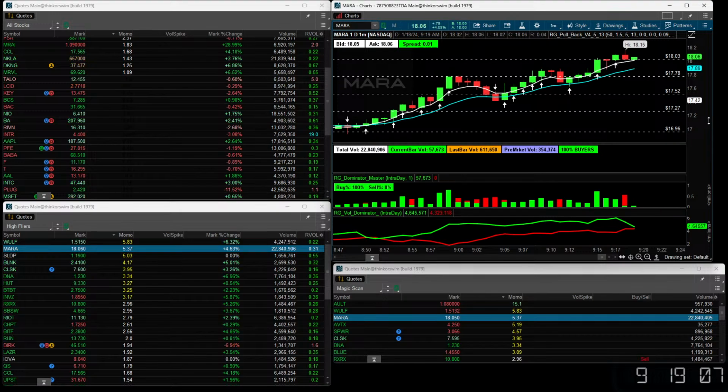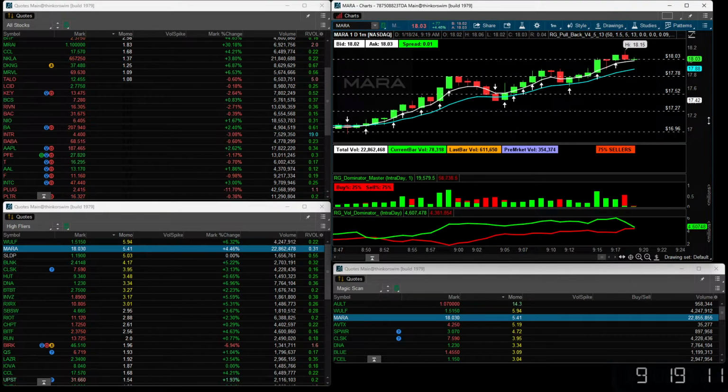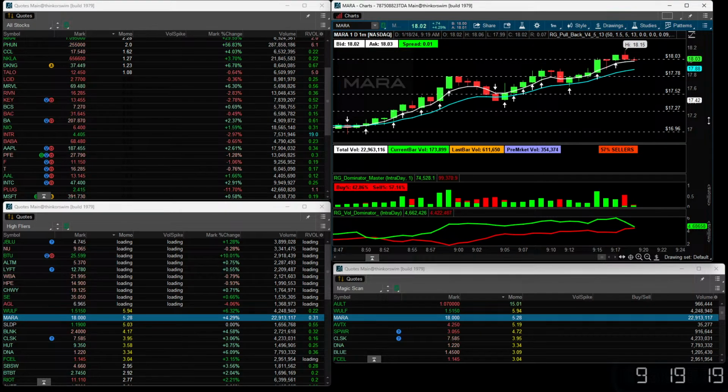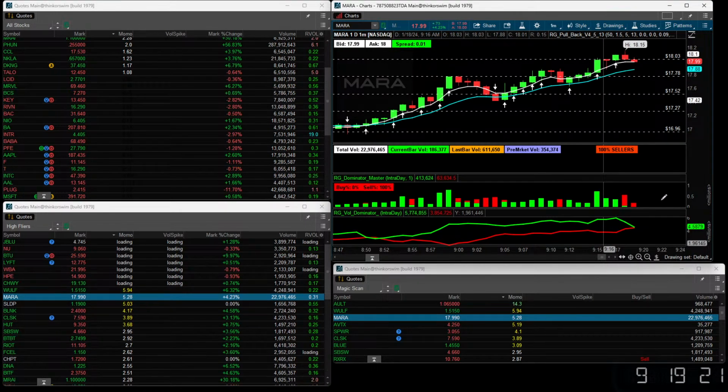Having trouble at this 1803 level. Hopefully it stays above it. And it's trying to. I'm seeing a shift of momentum right here.